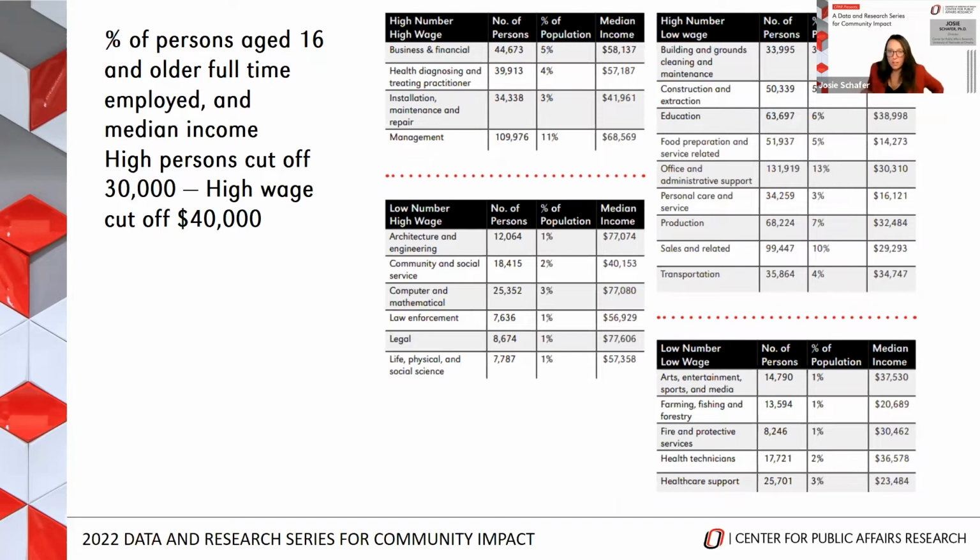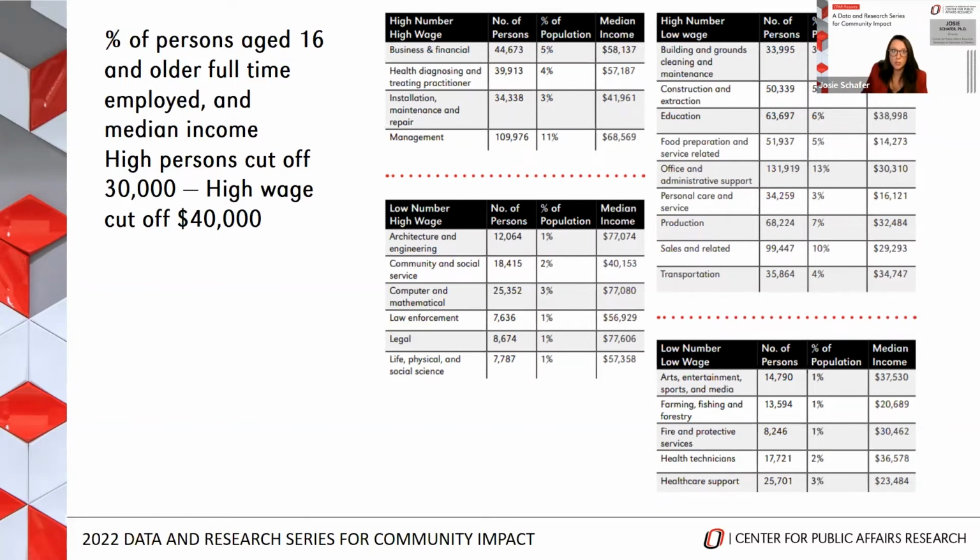And I just wanted to look at different occupations, and I thought it was interesting how many people worked in them, and the percent of the population that worked in them, and the median income, and I think I just had them listed out in a table at one time. And then I went ahead and grouped them into high number, high wage, low number, high wage, high number, low wage, low number, low wage. Okay, and I said what it is, but I didn't have a takeaway when I made it. I just kind of thought it was interesting that something was going on there.